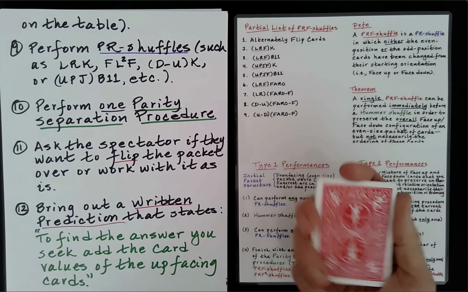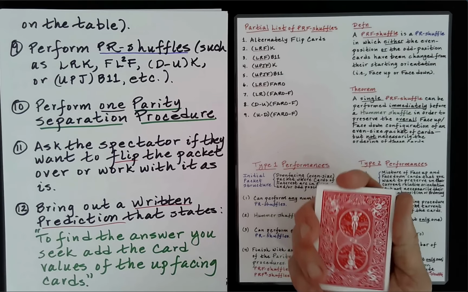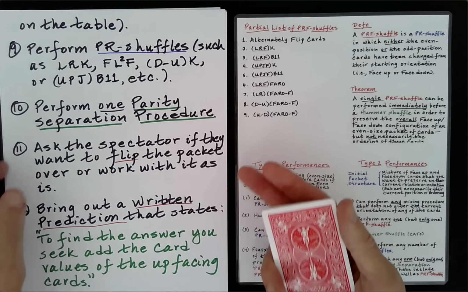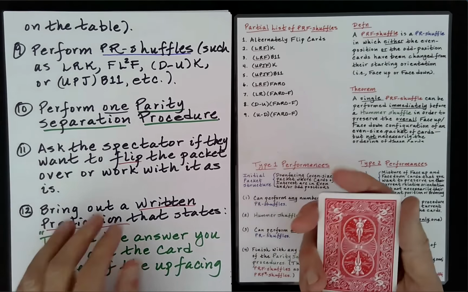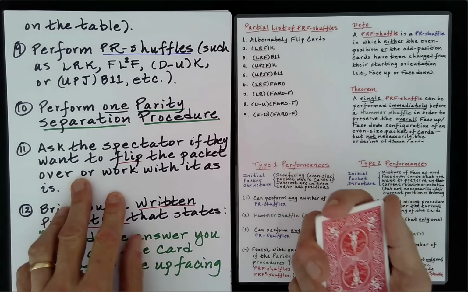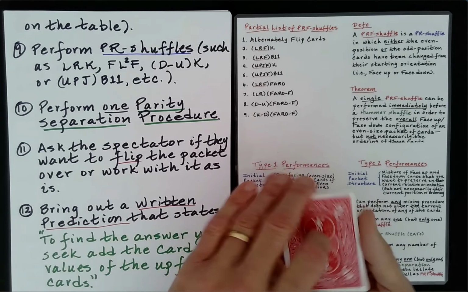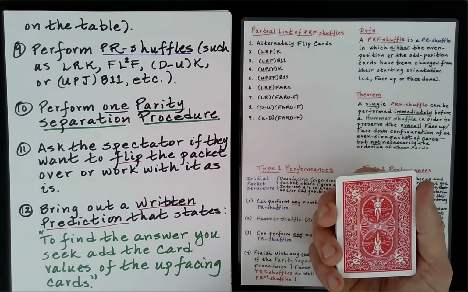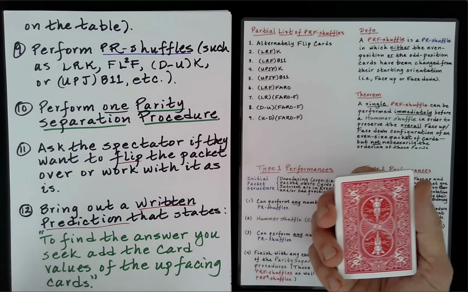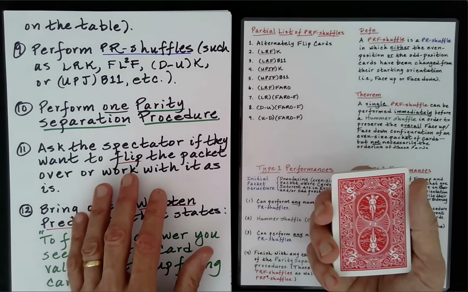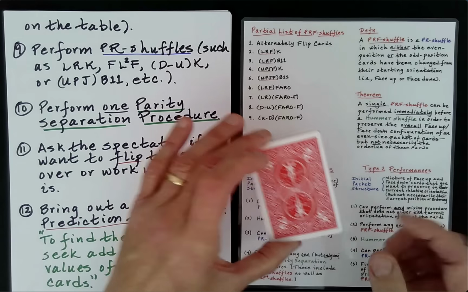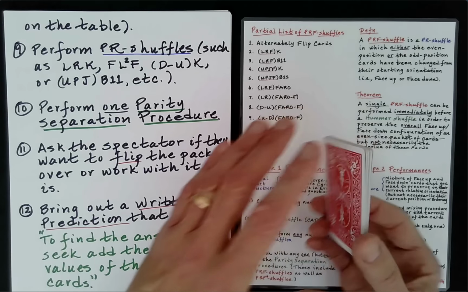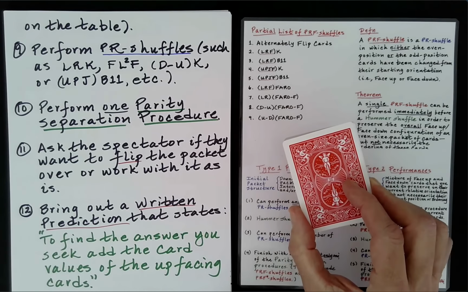Oh, no, wait, sorry. That's true. What I just told you is true. But I had forgotten the purpose of having it here. The purpose is we're now giving them the illusion of kind of making or breaking this performance. Because right now we're saying, okay, we can work with the packet as is, or I can flip it over and work from the other side.